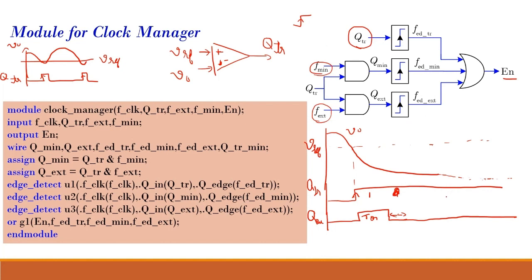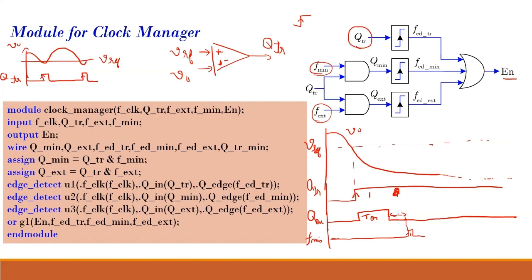So now we need to have an additional feature. What feature we have is, after QTR is high and your minimum off time is done, we will generate a clock. That clock is known as my F minimum. So my F minimum is 1.